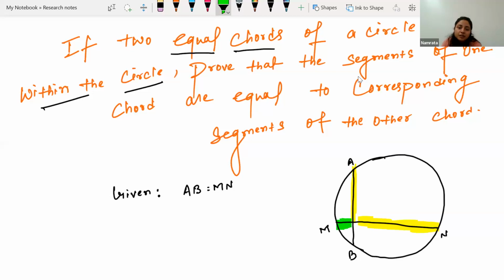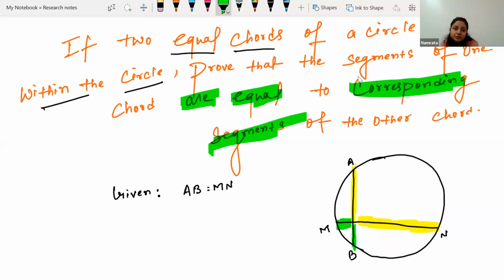That's what we have to prove, that this green one and this green one are of equal length. Again I am repeating, we have a circle where two equal chords are intersecting each other. We have to prove that the bigger segment over here is equal to the bigger segment of the other chord. We also have to prove that the smaller part of the first chord is equal to the smaller part of the second chord. You can see here it is written clearly that the corresponding segments are equal, we have to prove.